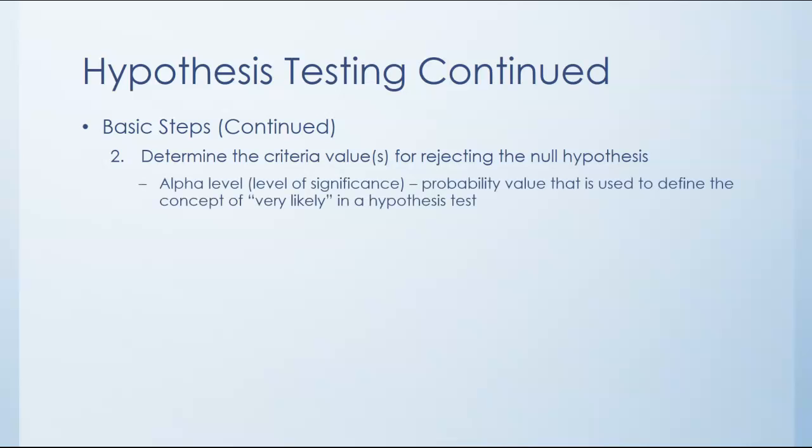Now, when we do this, we have to talk about what we call an alpha level. An alpha level is a level of significance. This is the probability we use to define something as very likely different. Remember we talked about the sampling distribution of sample means, and said that any sample we pull from a population will be slightly different from the population itself, because we're not going to pull a perfect sample that perfectly represents our population.